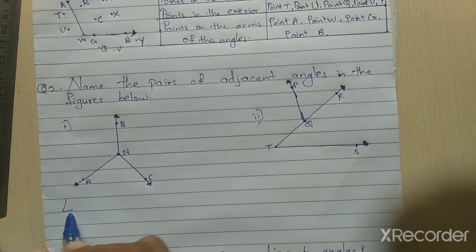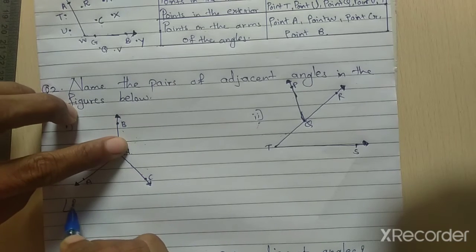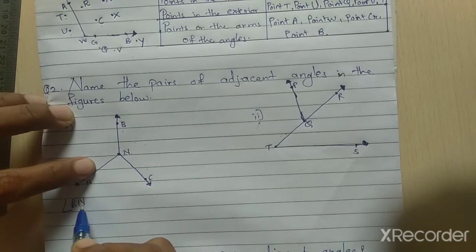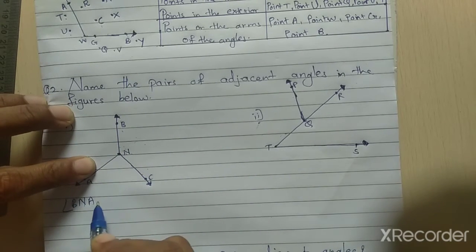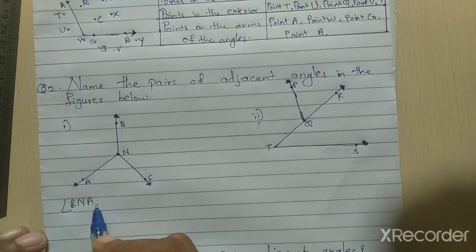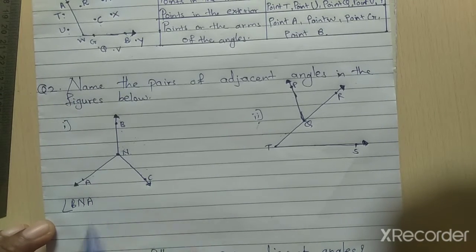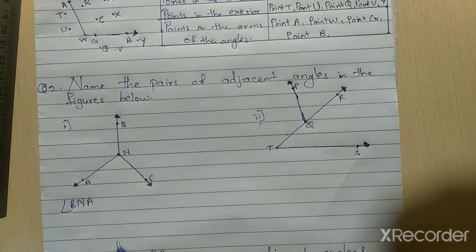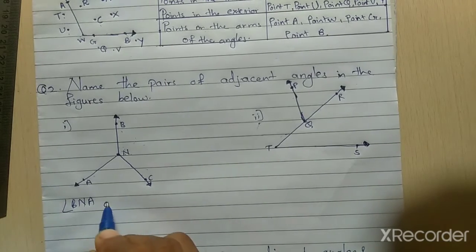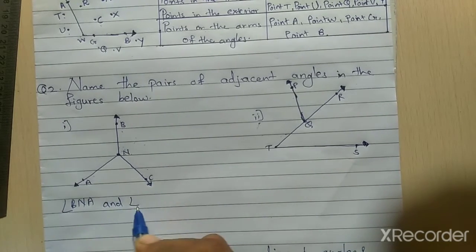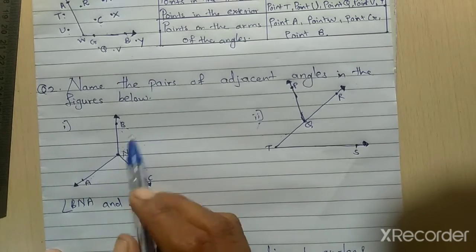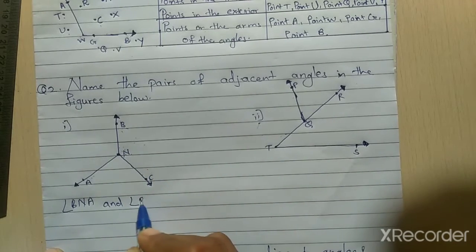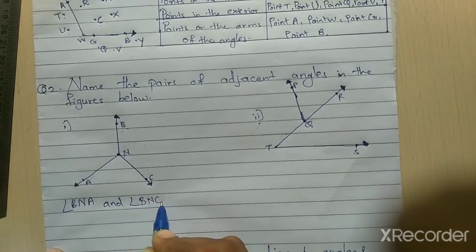Which one? Angle BNA is adjacent to angle BNC.